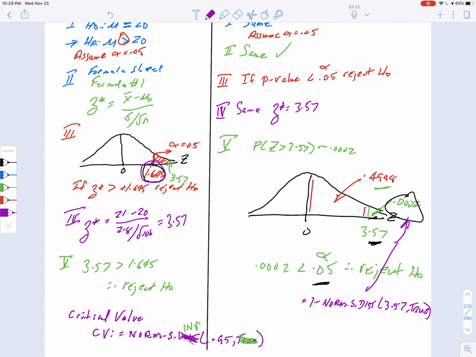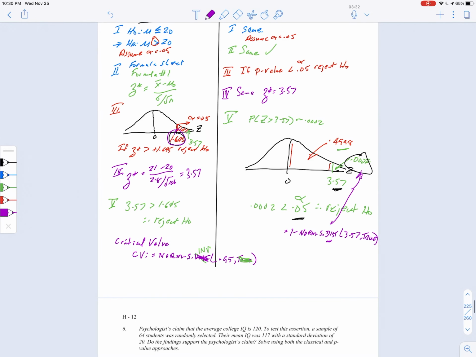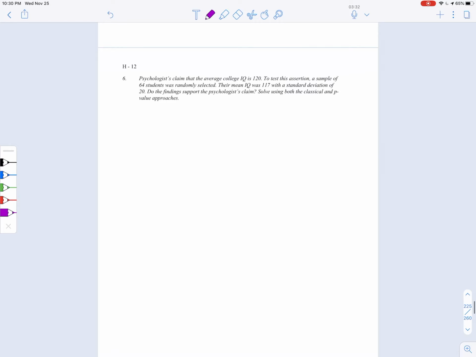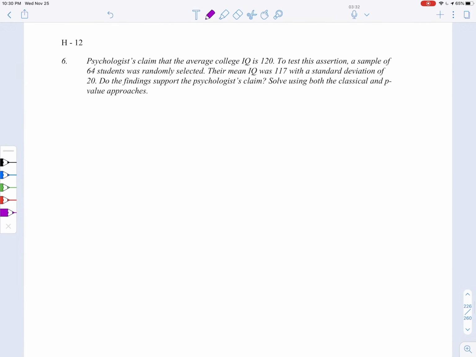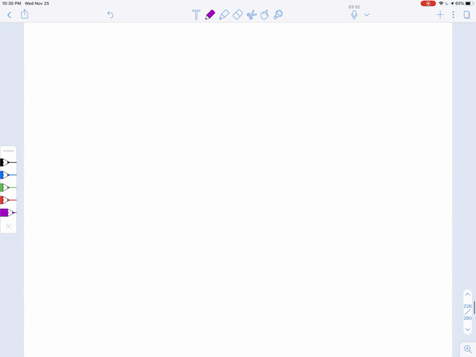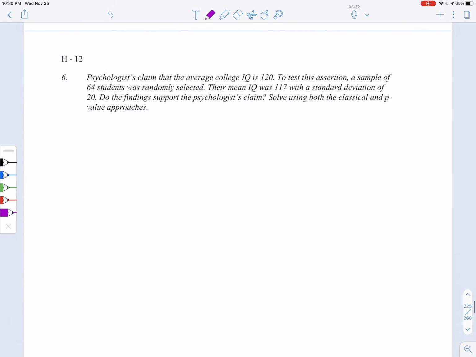So that's what that would look like. Okay. So the inverse functions are used to find critical values. The dist functions are used to find p-values. All right, I want to leave you this problem for homework. Just a hint here is that this is a two-sided test.